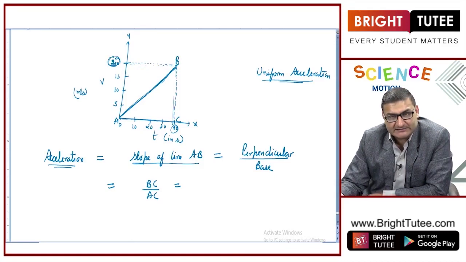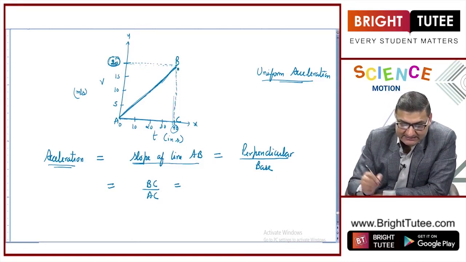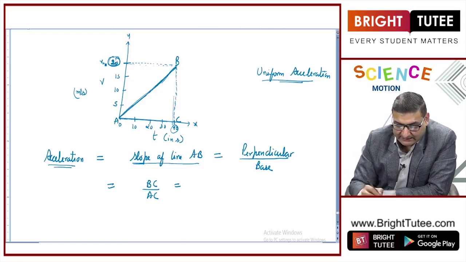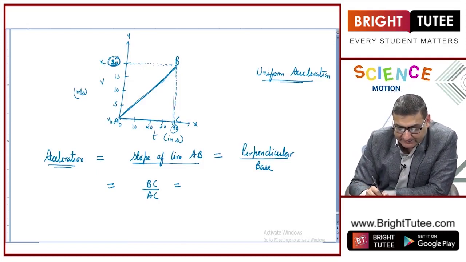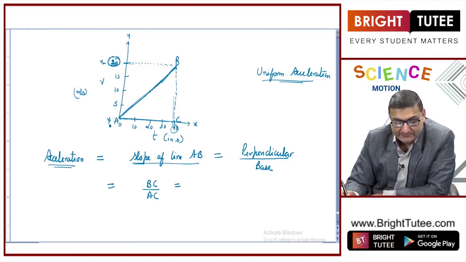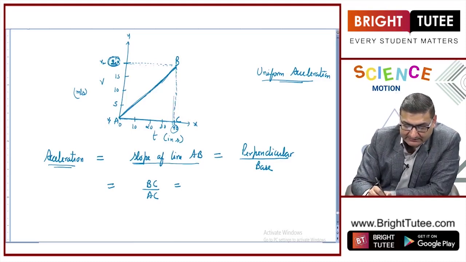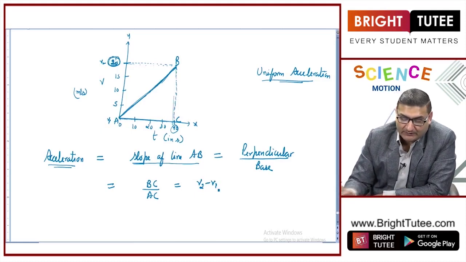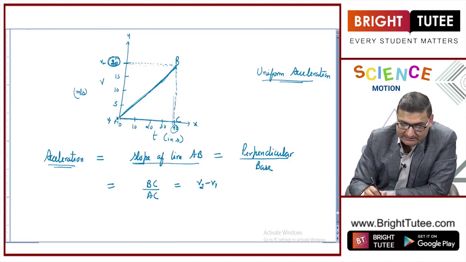This is 20 meter per second. I will take this as V2. This is the velocity, right? And the initial velocity, let it be V1. So what I will simply do is subtract it. How? V2 minus V1. That is the upper end value minus the lower end value.